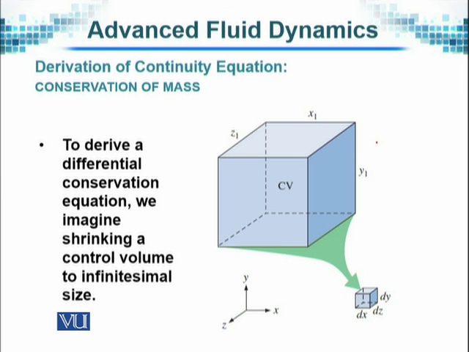To derive a differential conservation equation, we imagine shrinking the volume to a small infinitesimal size. We choose a very small box, a very small control volume, and that is why we call it infinitesimal. As you know, in calculus, when we see a small change in x, we denote it either by delta x or in this form dx. And then we try to take the limits.